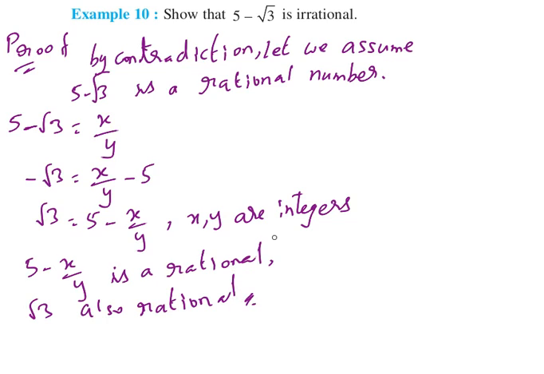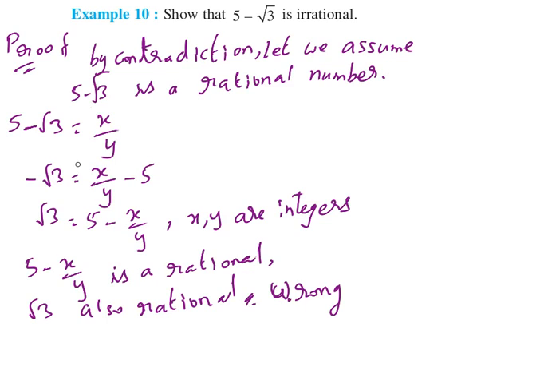But according to our previous proof, we have proved root 3, root 2 and others are irrational numbers. So according to that, we cannot say this root 3 is a rational number. This is wrong. So this is the contradiction of our assumption, so our assumption is wrong. What is our assumption?